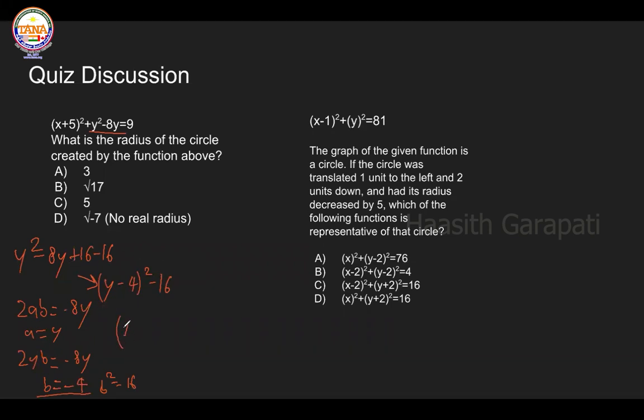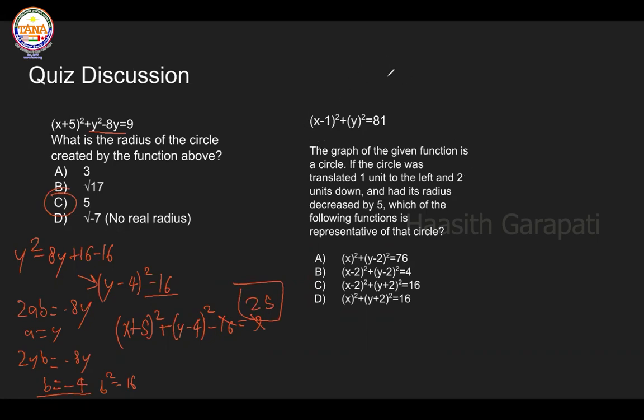So if we combine that with the original equation, x plus 5 squared plus y minus 4 squared, and then we have the minus 16 over here, minus 16, which is equal to 9. We can add 16 to both sides and we'll get 25. This is our r squared, and therefore r is equal to 5.